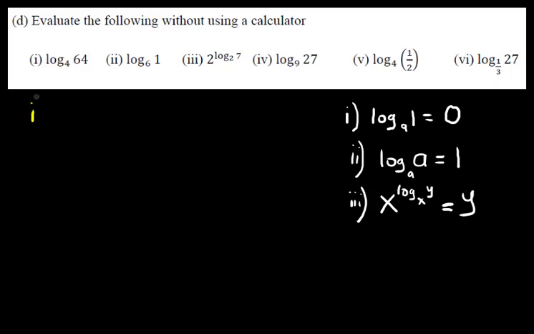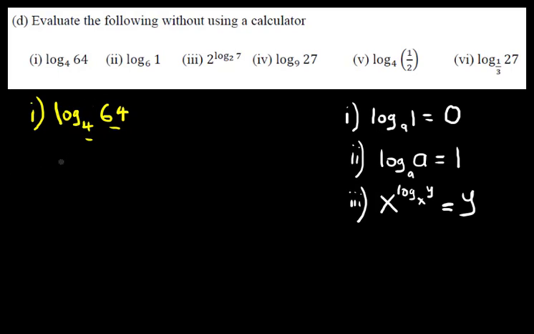For our first question, we have been told to evaluate log 4 of 64. Usually whenever you've been given such a question, you need to ask yourself how you can make these the same, because if they're the same, we know that we can easily simplify them.